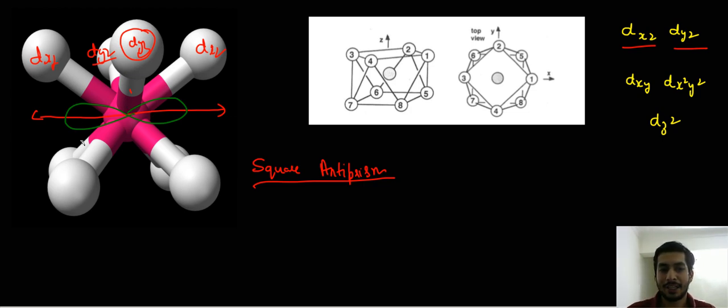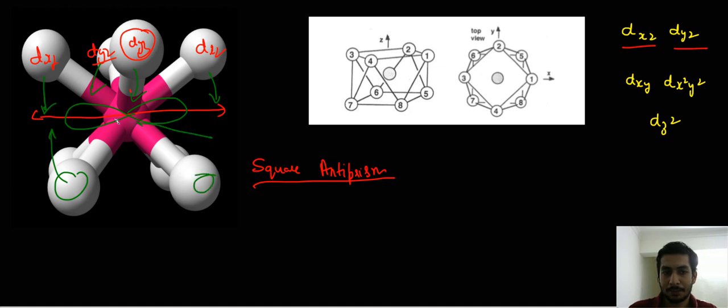Similarly, your dxy will be somewhere in between the axes, directly above this. Your dx square y square orbital will be directly under the ligands on the top, whereas your dxy will be directly above the ligands on the bottom, right?